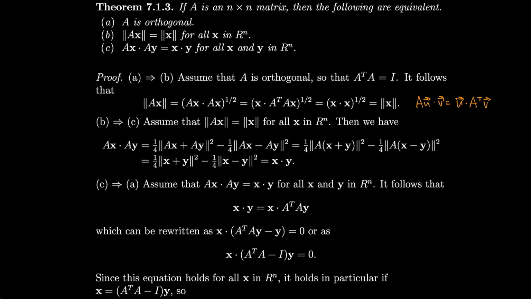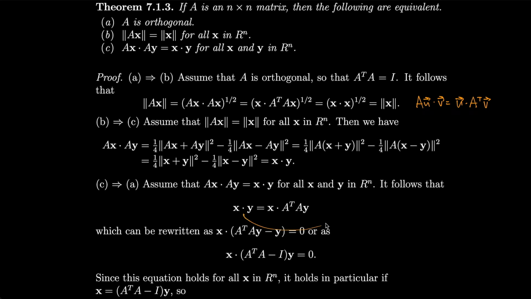Now let's show that C implies A, so they all imply each other. We'll assume that we have the formula AX dot AY is equal to X dot Y for all X and Y in Rn. That means that we can throw in A transpose A there, because I'll just take A from our assumption, move it over again, it becomes A transpose, and just change the order so that the X dot Y is on the left.